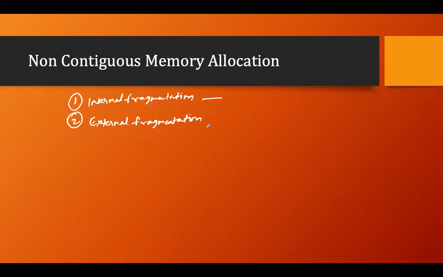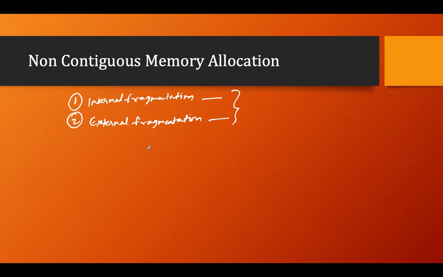As for external fragmentation, let's say we have 4 KB free, and another process was there which has the same size of 4 KB, but we cannot allocate it. Why? Because it is not in a continuous fashion. So that is called external fragmentation. Both fragmentations exist in the non-contiguous memory allocation.